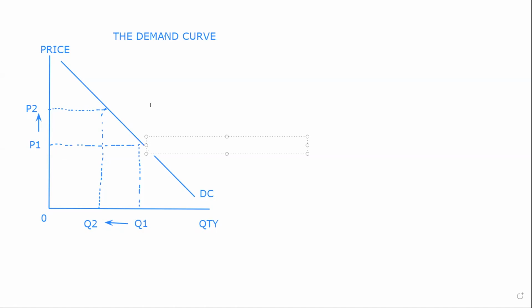So there will be an upward movement along this demand curve from point A to point B. All right, so you see this point and this point here, we're seeing that it's going to go closer and closer to the zero.